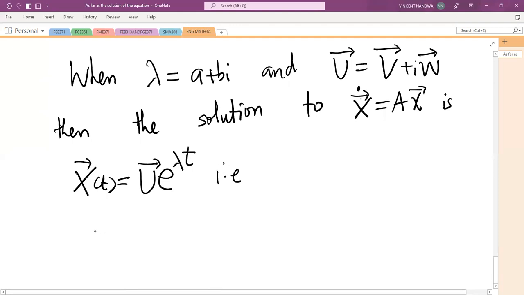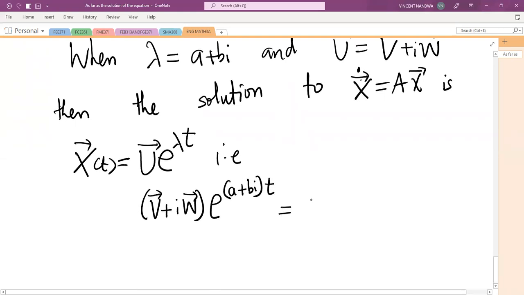That is, we'll have u, which is given by v plus iw, and then e raised to power, where there's lambda, I put a plus bi, and then I multiply by t.